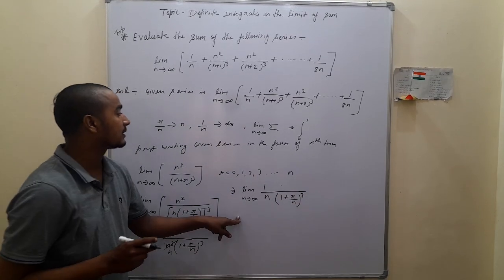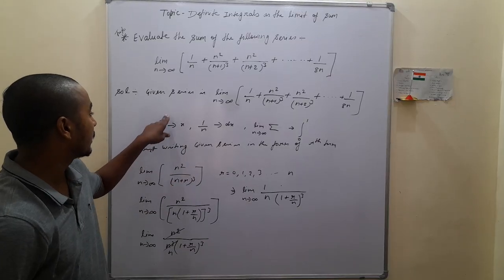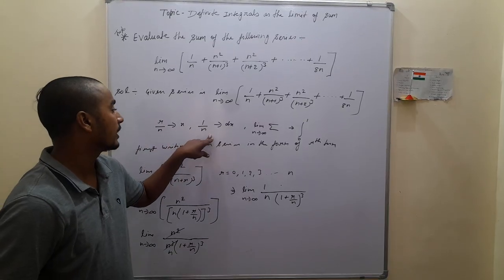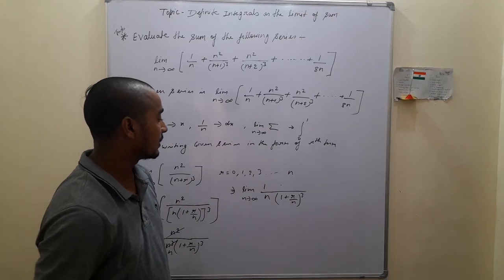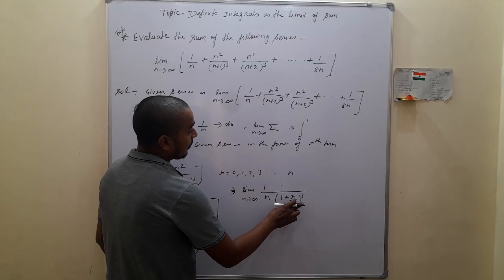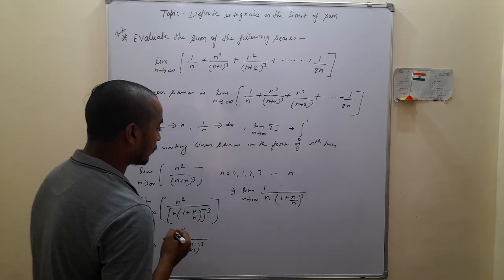And we further replace r by n with x, and 1 by n with dx, and limit n tends to infinity, the summation represents the integral with limits 0 to 1.